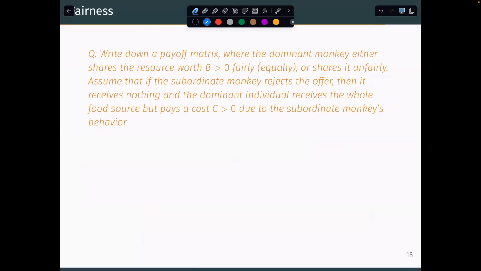This cost is going to be some value C greater than 0 due to the subordinate monkey's behavior. Perhaps it's aggressive towards the dominant monkey. Maybe it doesn't help it out in terms of raising its offspring. So we'll have a go at writing down a payoff table for the dominant and subordinate monkeys when they have fair shares or unfair shares, and when the subordinate monkey accepts or rejects.